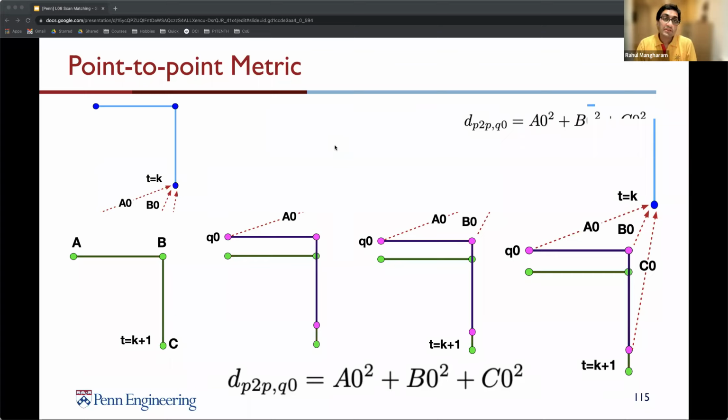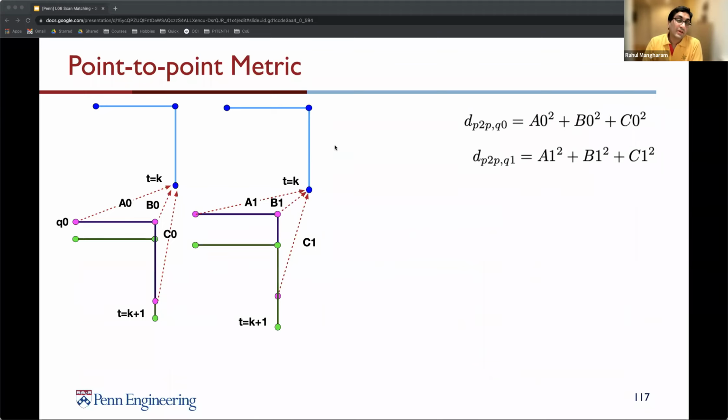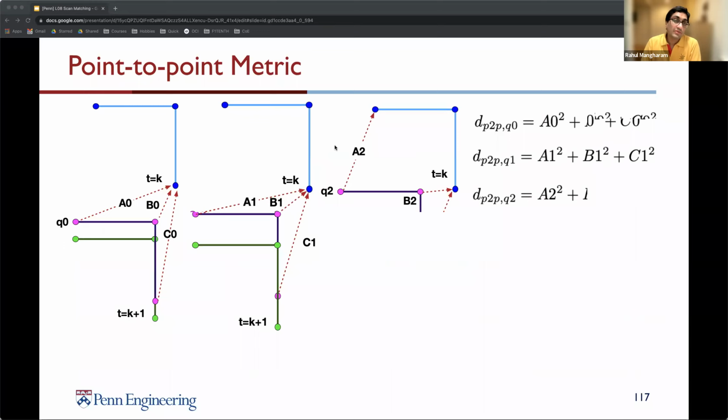We can make a similar computation of the remaining transforms. The score of Q0 is A0 squared plus B0 squared plus C0 squared. And for Q1, the score will be A1 squared and so on. And finally, the score of Q2 will be A2 squared plus B2 squared plus C2 squared.